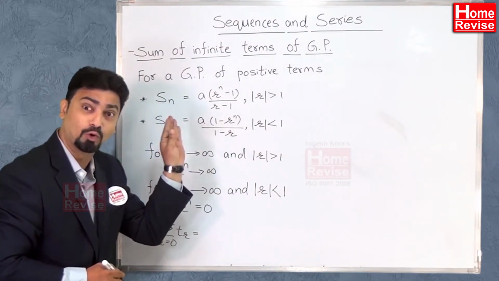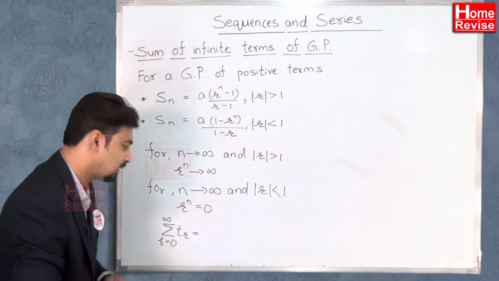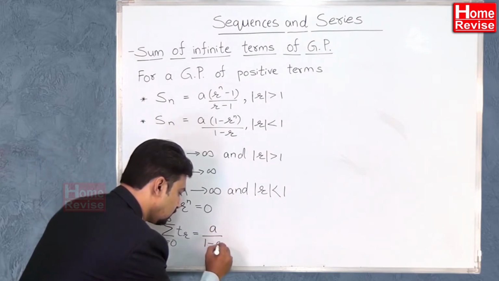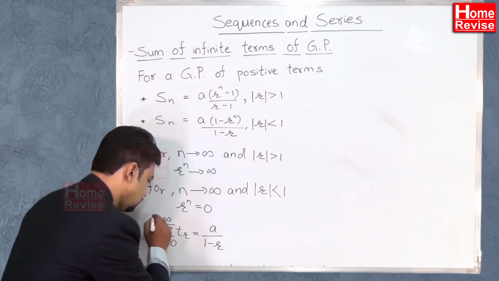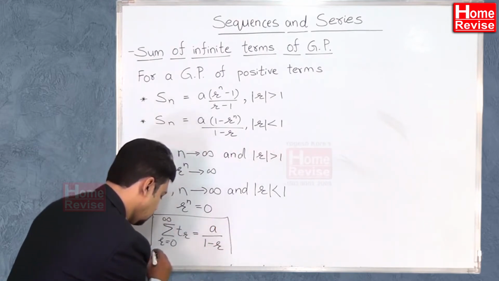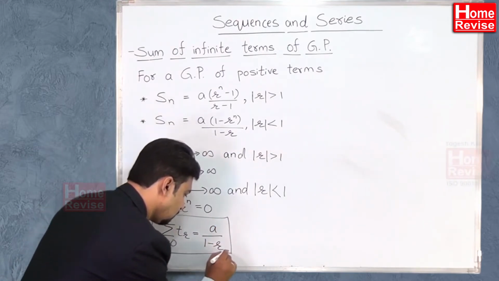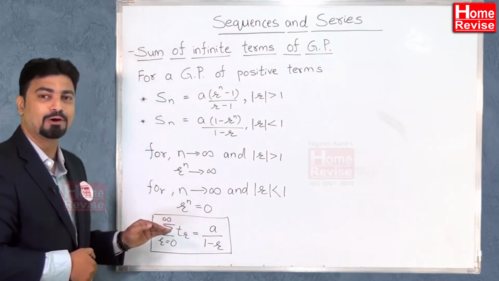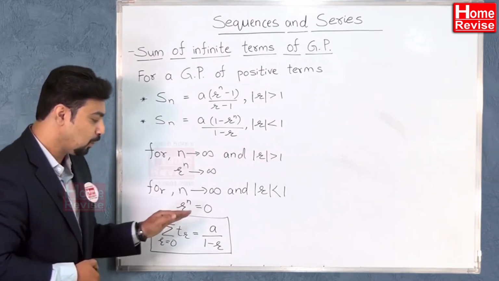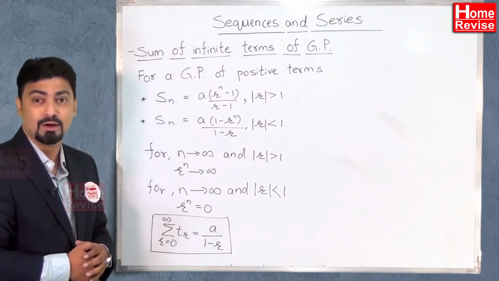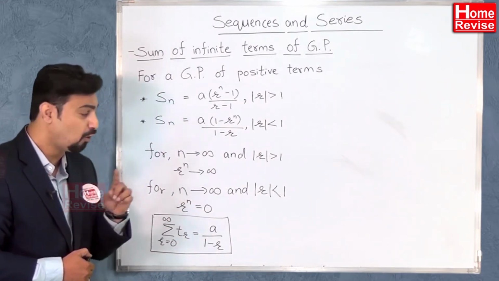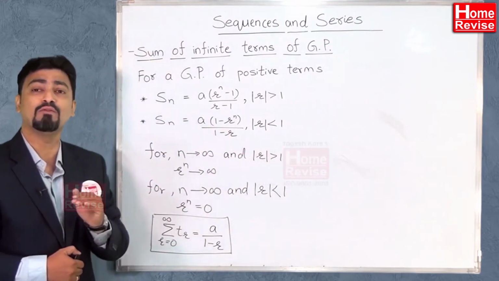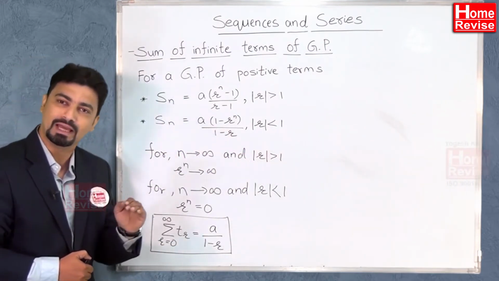So the numerator will be only a and the denominator will be 1 minus r. So this will be your formula for the sum of infinite terms for a GP. That will be equal to a upon 1 minus r, only applicable for mod r less than 1. For r greater than 1, the sum of infinite terms does not exist.